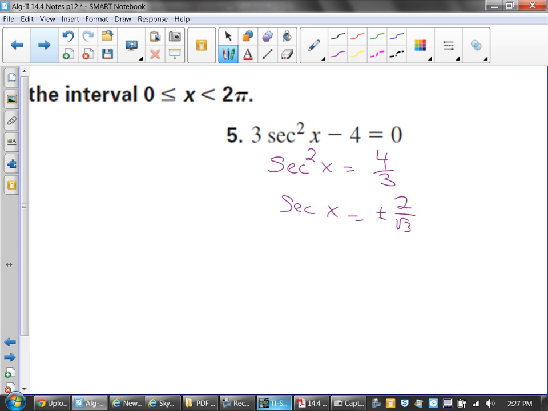It's the reciprocal of cosine. So if I take the inverse on the left-hand side, the inverse of secant of x would be cosine of x. What would I have to do to the other side? Inverse it. What's the inverse of 2 over root 3? Excellent.